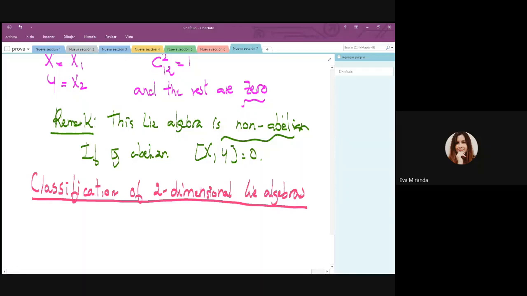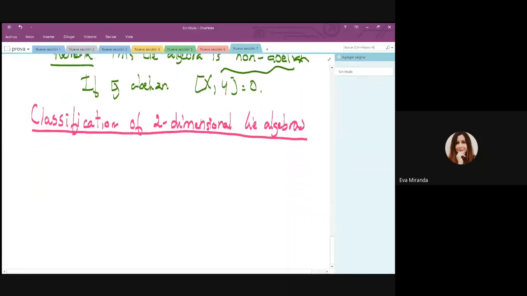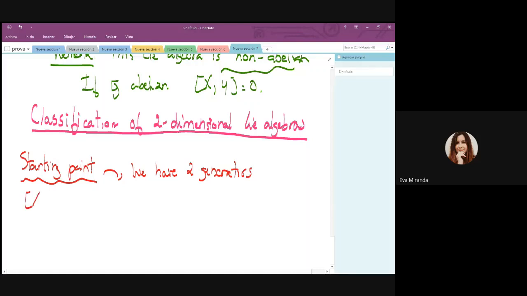What we are going to do is play the same game as we were playing above. We have two generators, so I'm going to call them x1 and x2.